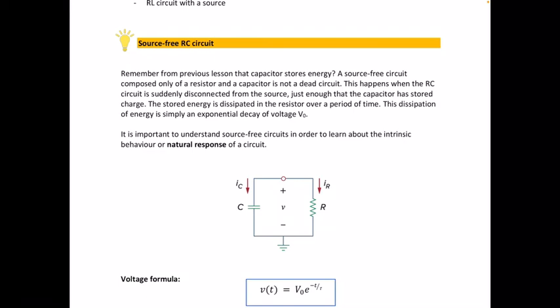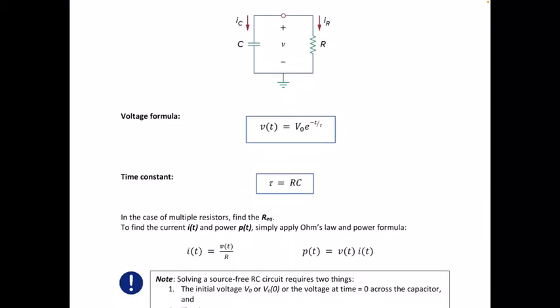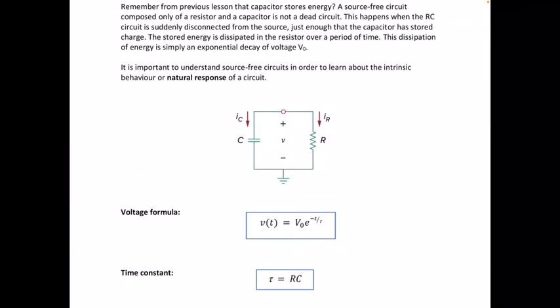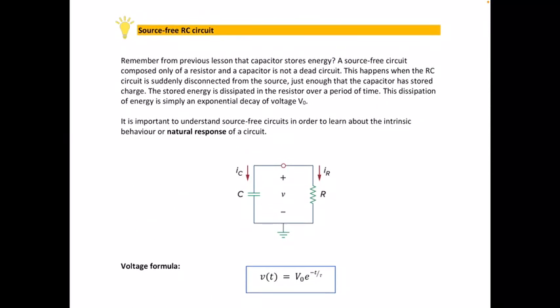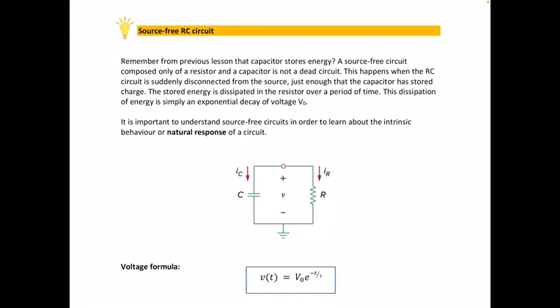So in the diagram, you can see that the circuit is comprised of one capacitor and one resistor. The derivation of the voltage formula can be obtained using differential equations.